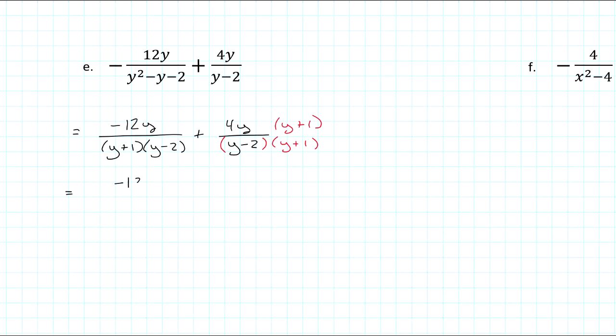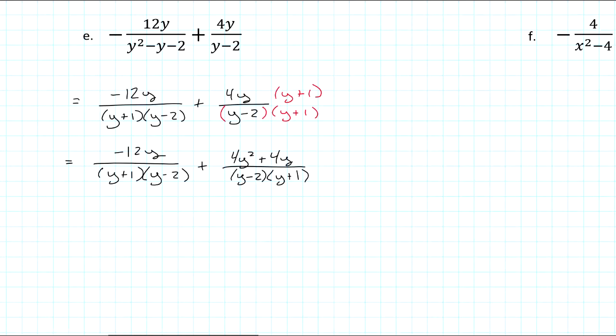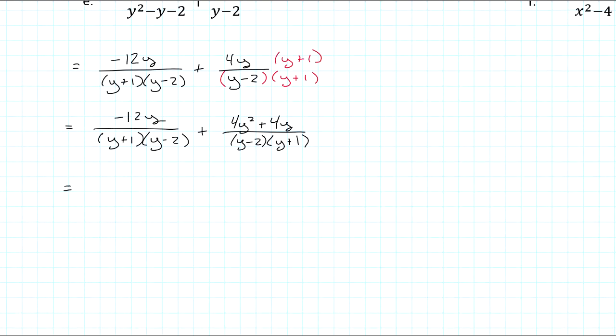All right, so we have negative 12y over y plus 1 times y minus 2 plus 4y squared plus 4y all over y minus 2 times y plus 1. And we can go ahead and combine like terms on top. 4y squared plus 4y minus 12y.